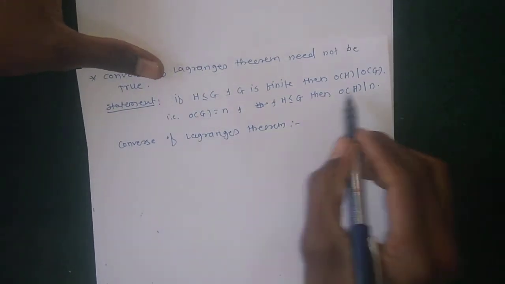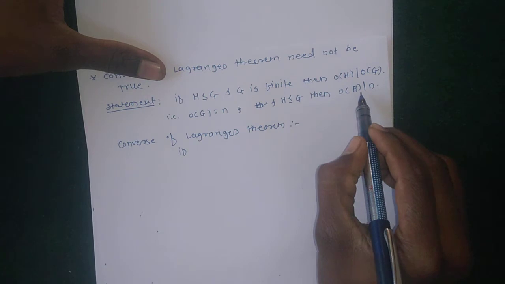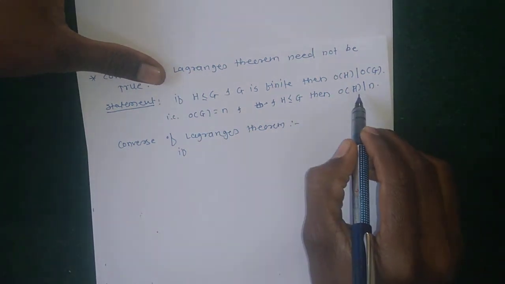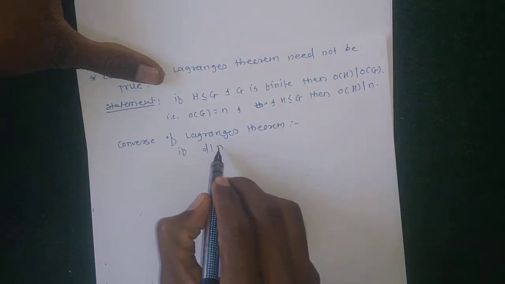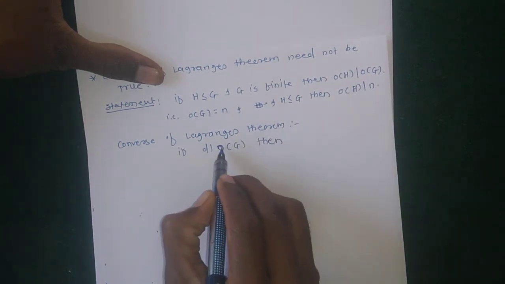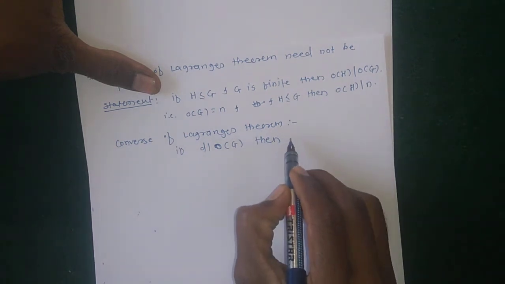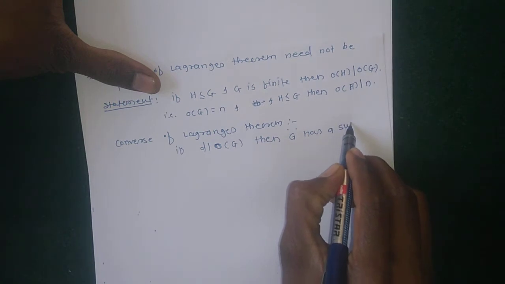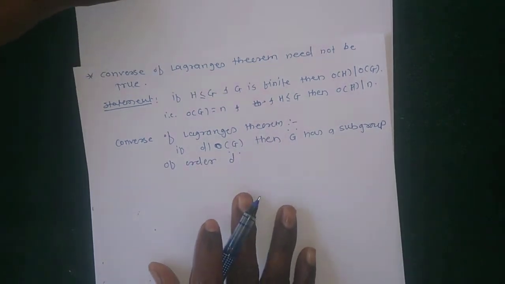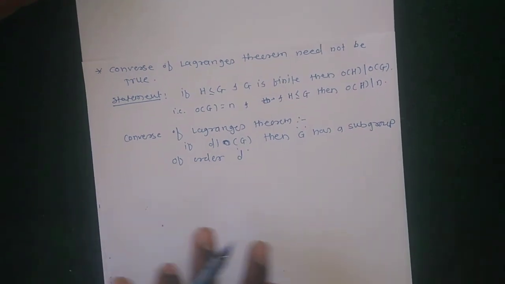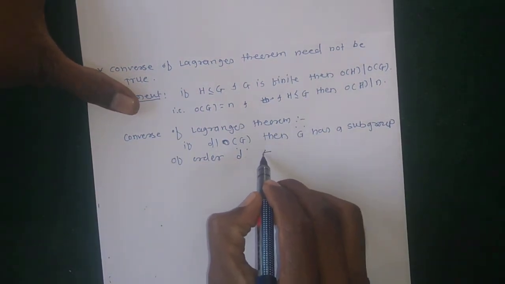What is the converse? It says that if D divides the order of G, that is, any divisor D of the order of G, then G has a subgroup of order D. Means if there is any number dividing the order of G, then G contains a subgroup of order D. This statement need not be true.